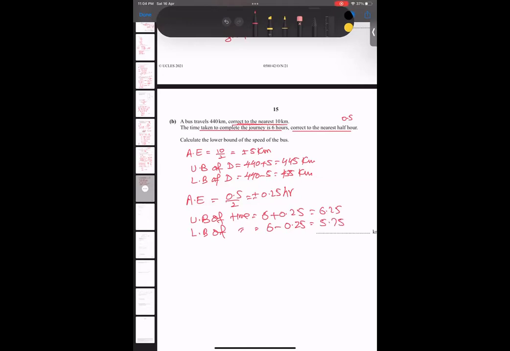Now he's asking the lower bound of speed. All of you know the distance formula is speed into time. I'm looking for the speed, so it means this time will go under it. So speed is actually equal to distance over time. And I need the lower bound.